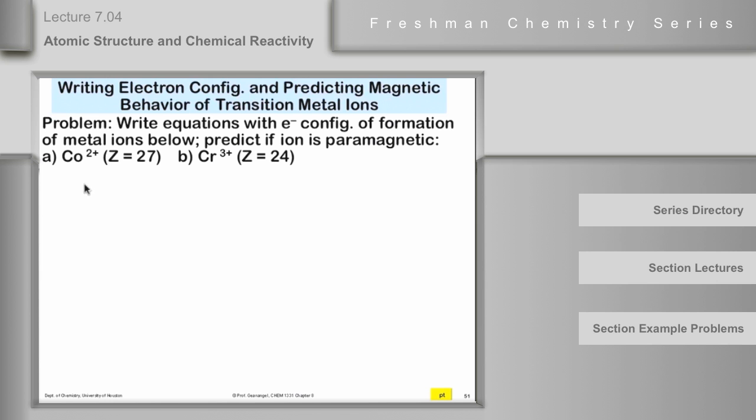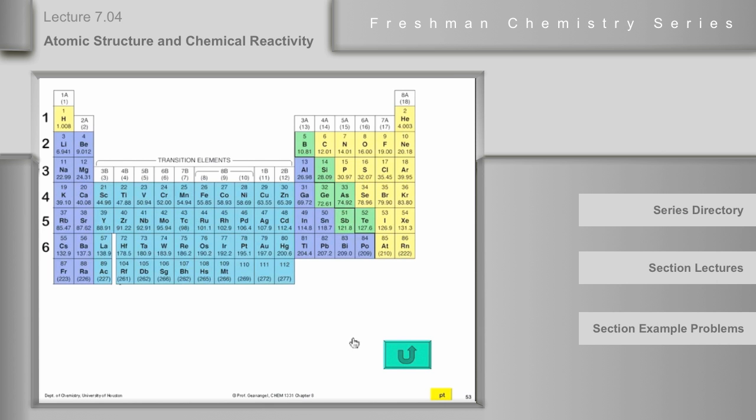Cobalt 2 plus. I would like for you to write down the valence electron configuration of cobalt right here, and I'm going to show you the periodic table. Here's cobalt. So I would like for you to write down the valence electron configuration of cobalt atom on your paper.